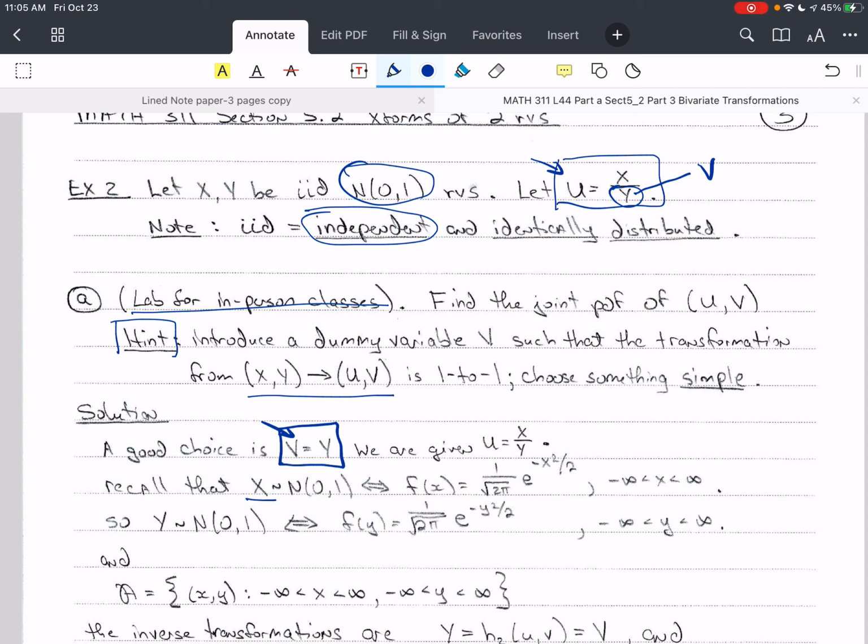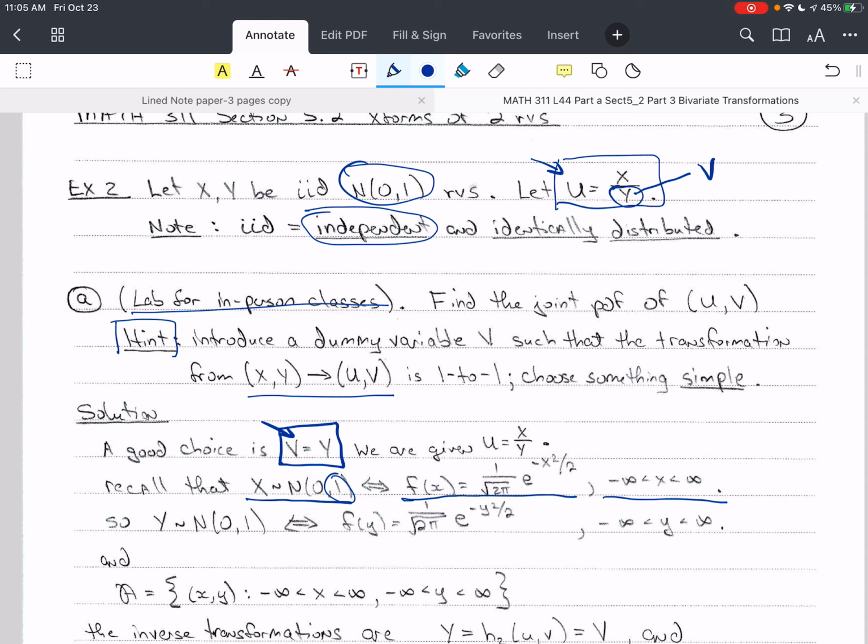Now, remember that the standard normal PDF has this form: f of x equals 1 over the square root of 2 pi times e to the negative x squared over 2. Because the mean is 0, we have negative x minus 0 squared over 2 sigma x squared, but sigma x squared is 1, so we just have a 2 on the bottom. That's how we get the standard normal PDF, and it's not complete unless you specify the range of x.